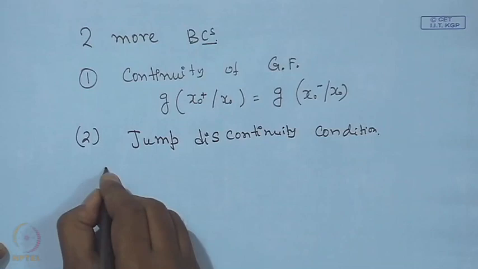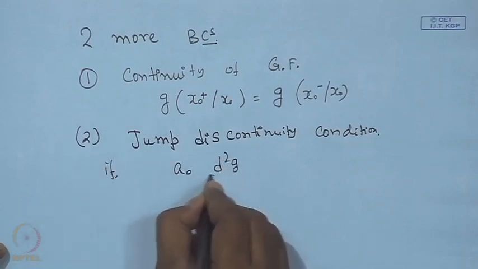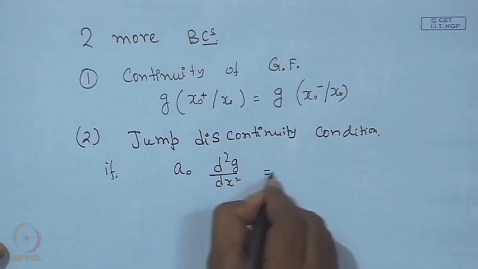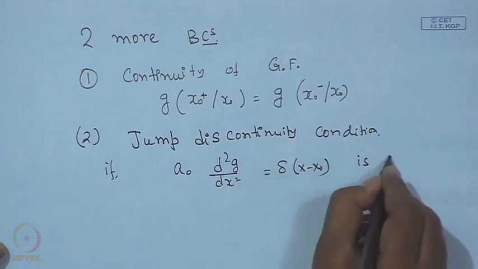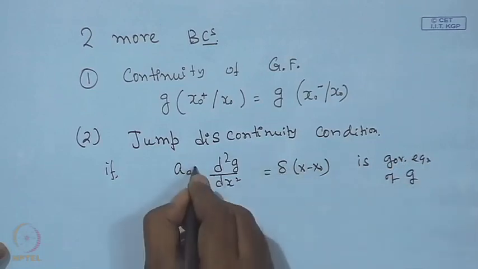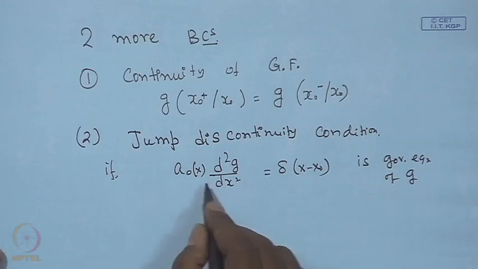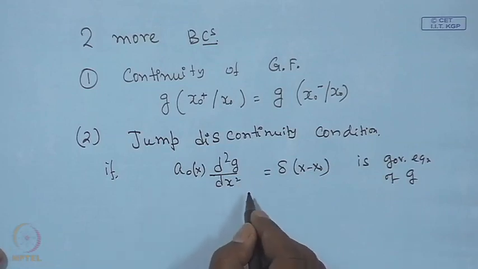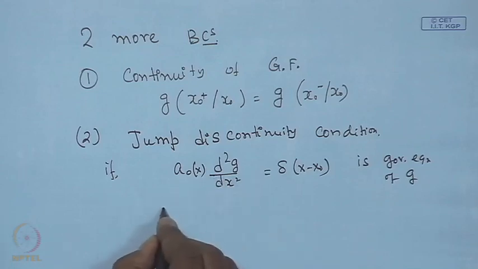In this case, if a0 d square g d x square is delta x minus x naught, the governing equation for g, where a0 can be in general a function of x, then let us integrate across x naught minus epsilon to x naught plus epsilon. We multiply both sides by dx and integrate it out.